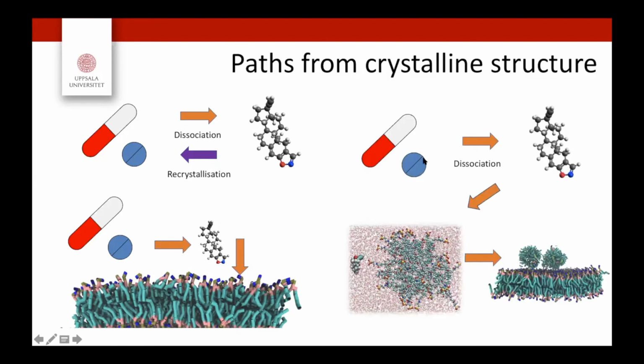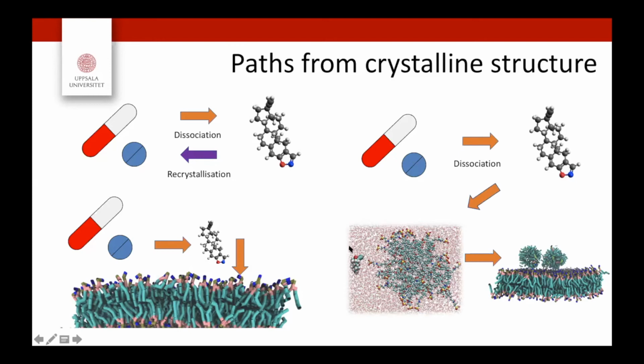And the last scenario, which is actually many sub-scenarios, is if this drug molecule leaves the crystalline structure, it will attach to some colloidal structure. For example, in intestinal fluid, there are bile salts and phospholipids that make micelles and vesicles, so it might sit on the surface or it might go in the center of the micelle.